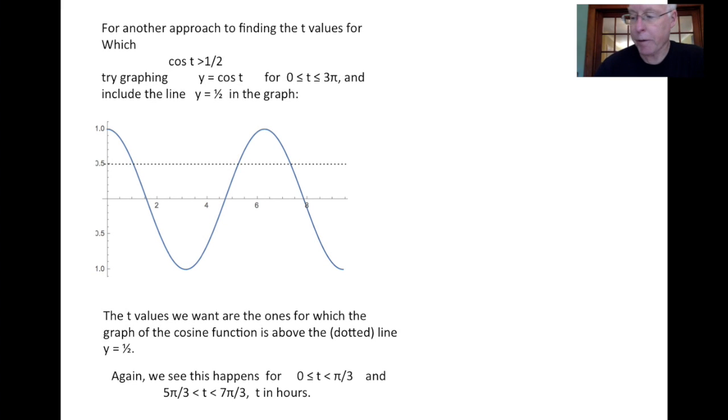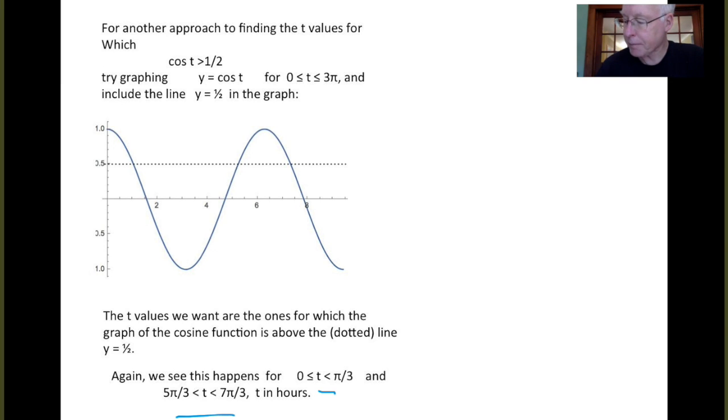And as we sketched out earlier, that happens again for t's from 0 to pi over 3. We include 0 because cosine 0 is 1. So t equals 0 is one of the values we want. We have strict inequalities everywhere else because we want cosine t to be bigger than 1/2, not equal.